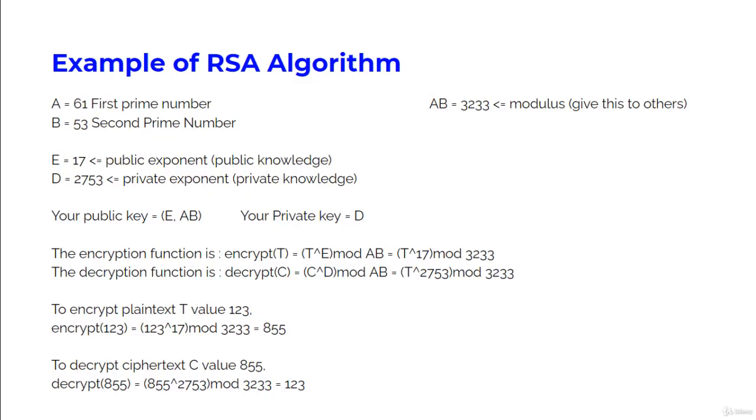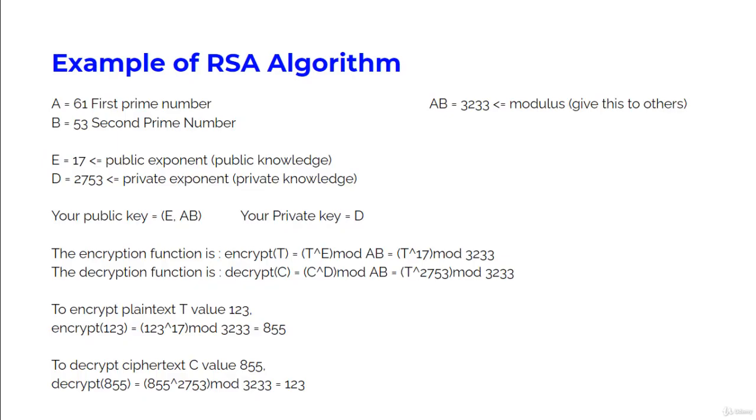Let us consider an example where we have to encrypt a value 123. To encrypt plain text value T, that is 123, the encryption of 123 will be 123 raised to 17 mod 3233, which is equal to 855.